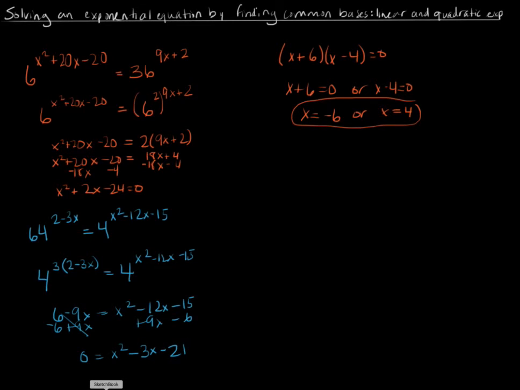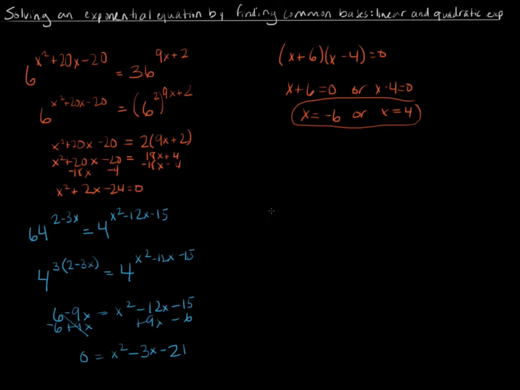And let's see. That doesn't seem like it's going to factor very well. We may need to use the quadratic formula here. So in this case, it doesn't seem like this is going to factor. I mean, 21 is 7 times 3, but that's not going to work for the 3. So we may need to use the quadratic formula here.